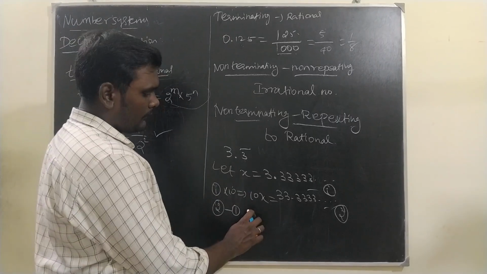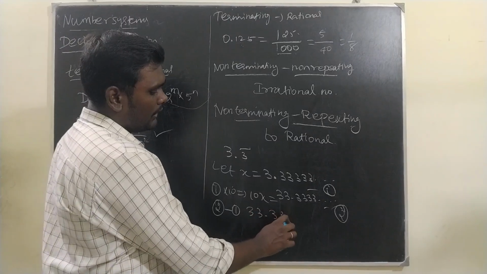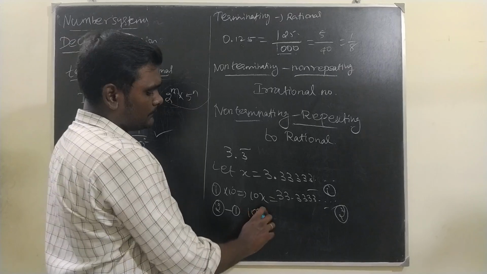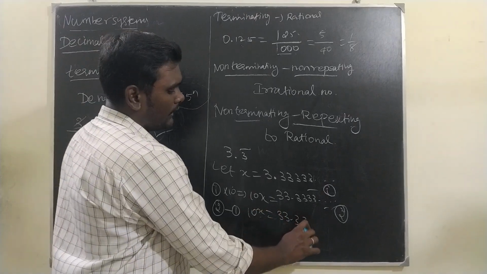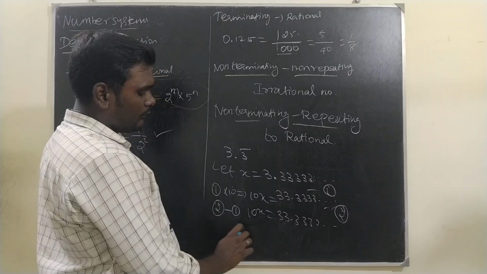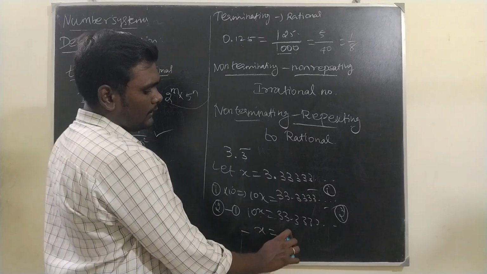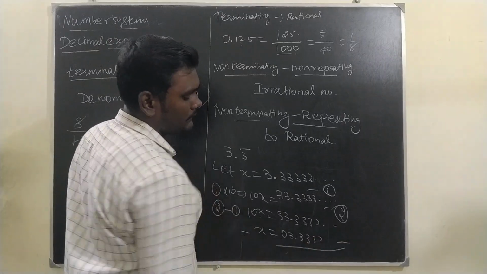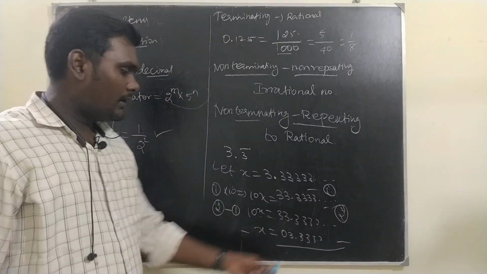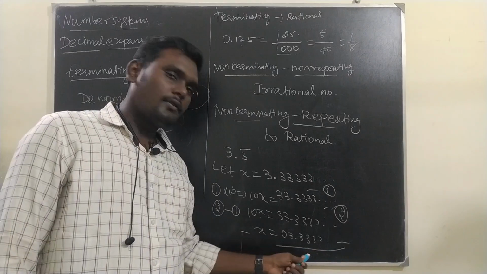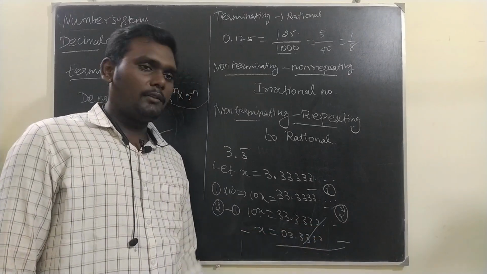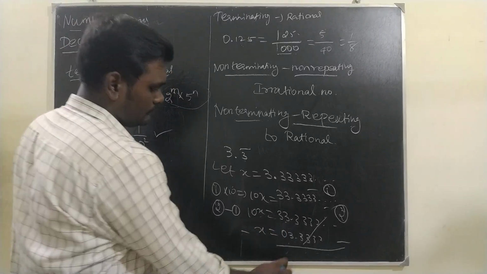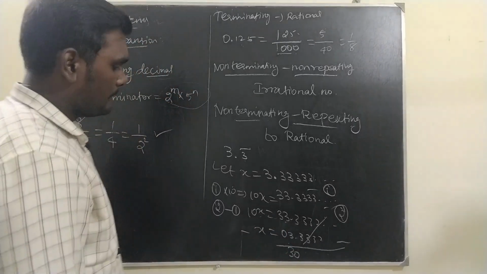10x equals 33.3333, minus 1, so minus x, here 3.3333. We have to subtract. When you subtract these two, only 0.0000 will come, so this part is fully cancelled. Now 33 minus 3, how much? 30.